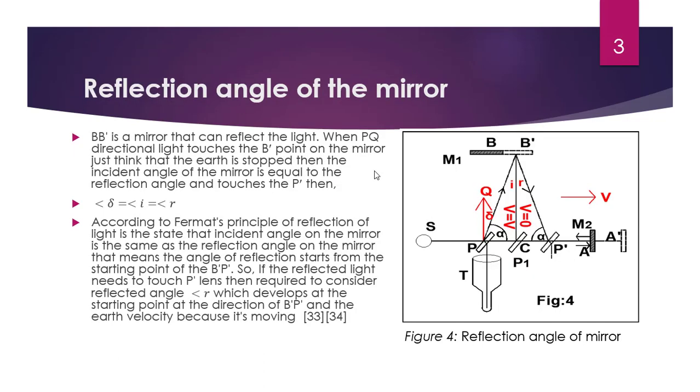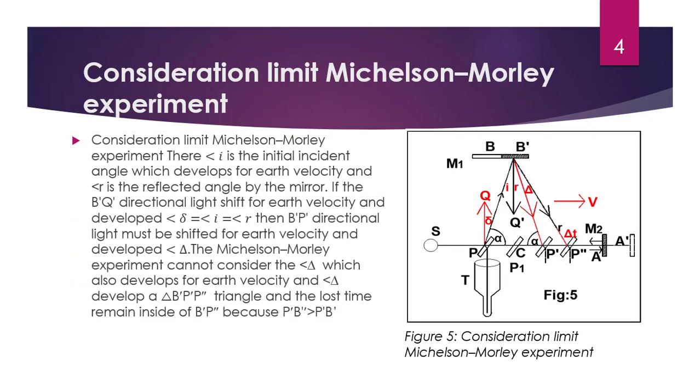Then the B dash P dash directional light must be shifted for the arc velocity and develop a capital delta. The Michelson-Morley experiment cannot consider the delta, which also develops for the arc velocity, and delta develops a triangle.